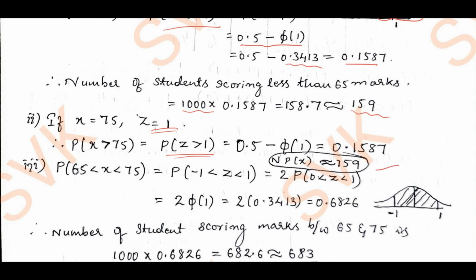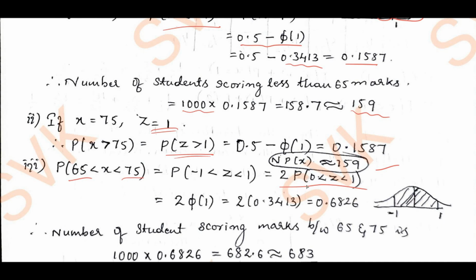Next, to find the probability of x lying between 65 and 75. Put x equal to 65, which you have done above, and when you put x equal to 75, already you have done. So you are going to get the range as what? -1 and +1. So the probability of -1 less than z less than 1 can be written as 2 times the probability of z from 0 to 1.